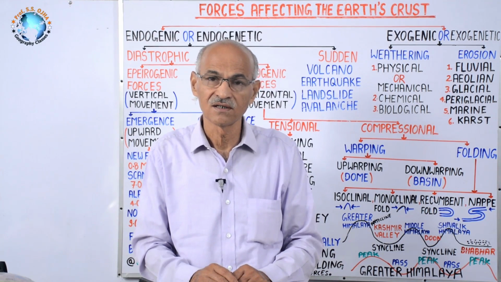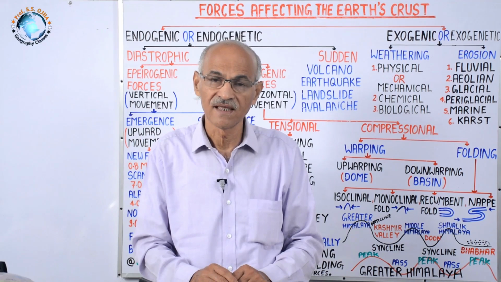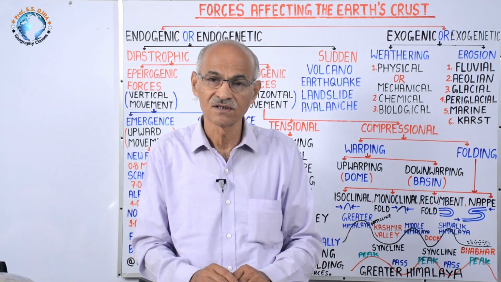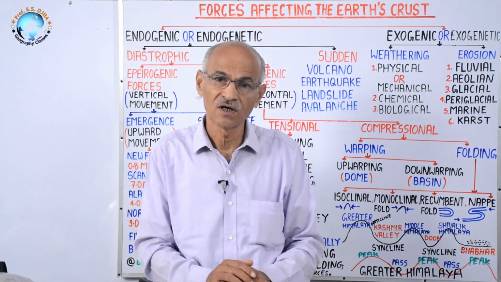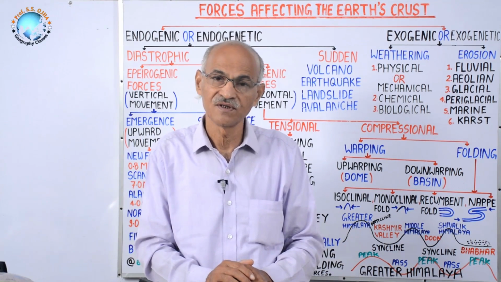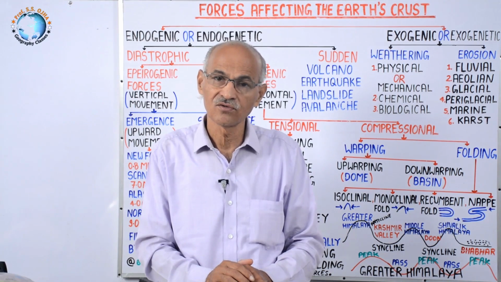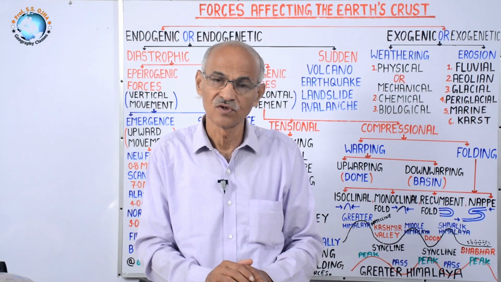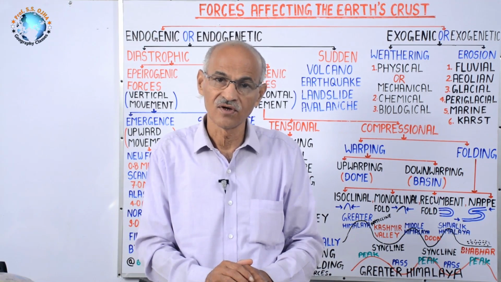Now I think the concept is clear to you, what is emergence and what is submergence. You should not be confused between emergence and upliftment. Upliftment is a different process wherein, due to collision of two plates, the sediment between the two is forced to come up in the form of folded mountains.